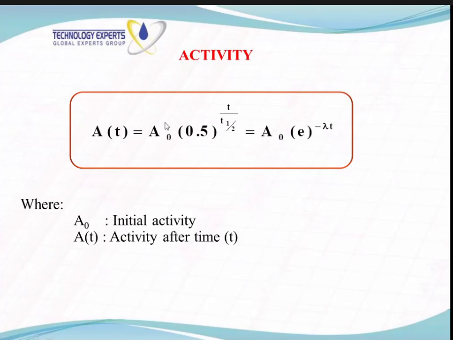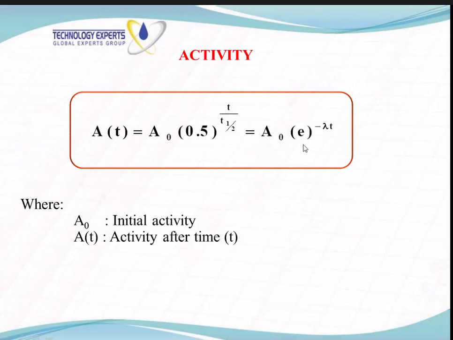Activity at any time equals initial multiplied by the fraction 0.5 to the power t over T half. Forget this one, A naught e to the minus lambda t. This is another form to calculate activity, but this one is simpler. So we will use 0.5 to the power t over T half.